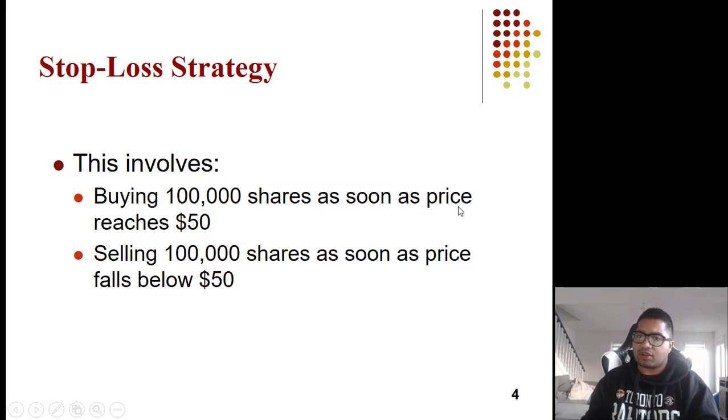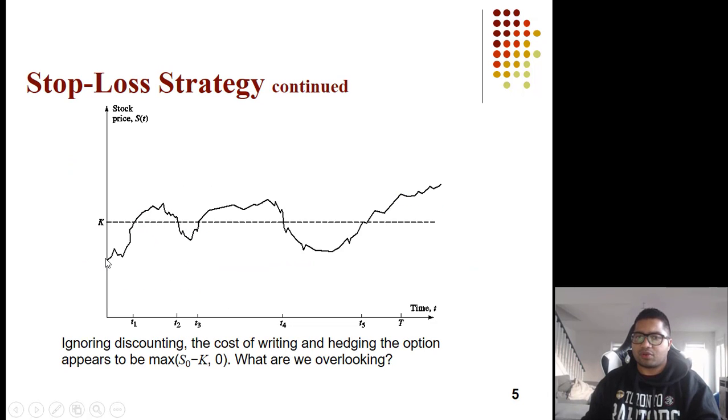So buy $100,000 of shares as soon as the price reaches 50, and sell $100,000 if the price goes below. K is the level at which you buy. Each time the underlying stock goes above K, that is $50, you buy. Each time it goes below, you sell. Okay. But this strategy has a lot of trading cost.